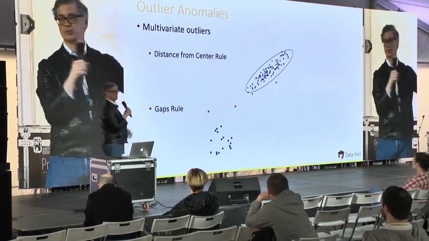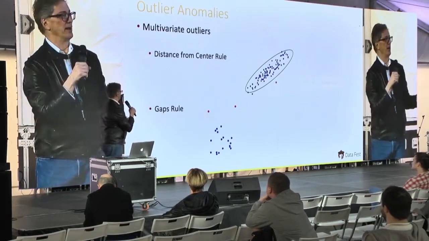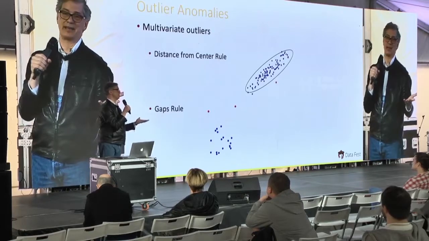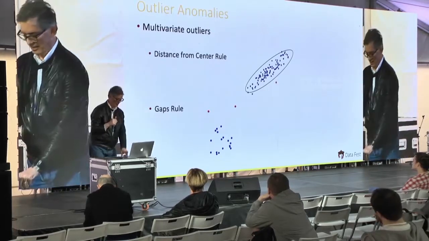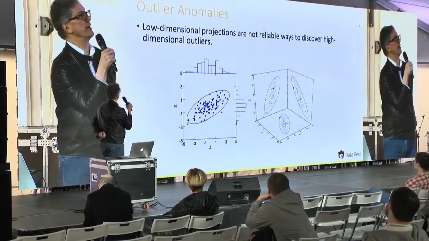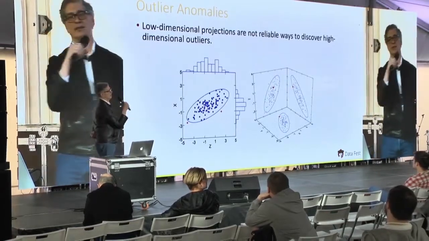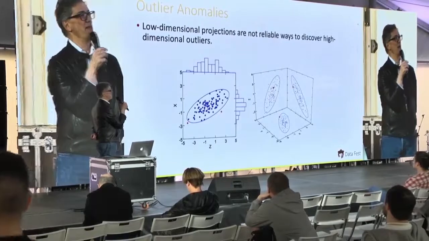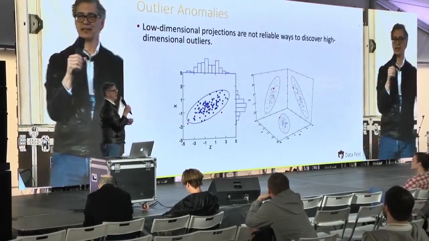Now, the gaps rule generalizes beautifully too. You have to compute k nearest neighbors, or the nearest neighbor, for each of those points in order to identify them. Now, just quickly point out that a lot of visualization people, especially bloggers, think that we can use visualizations to find outliers.